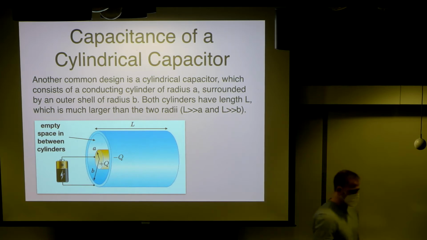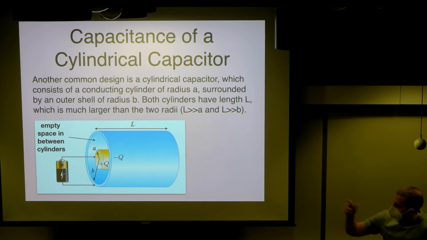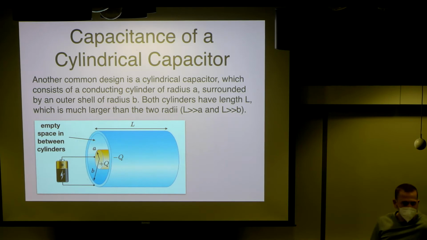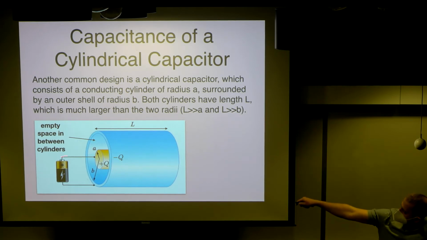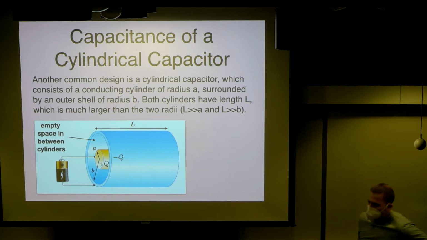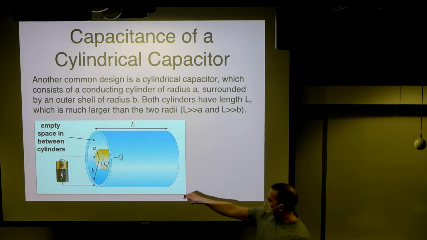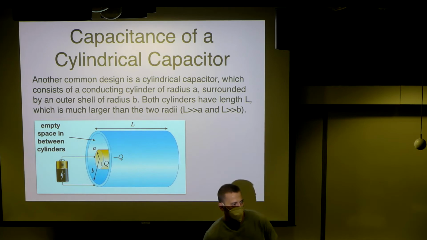Okay? By the way, in a practical sense, a coaxial cable is basically this design. If you ever use a coaxial cable for your internet or TV connection, it's basically this thing right here. So we imagine hooking this up to a battery, we apply a voltage, and as we know, that means charge will accumulate on each conductor. So we're going to have positive Q accumulating on the inner conductor, negative Q on the outer conductor.